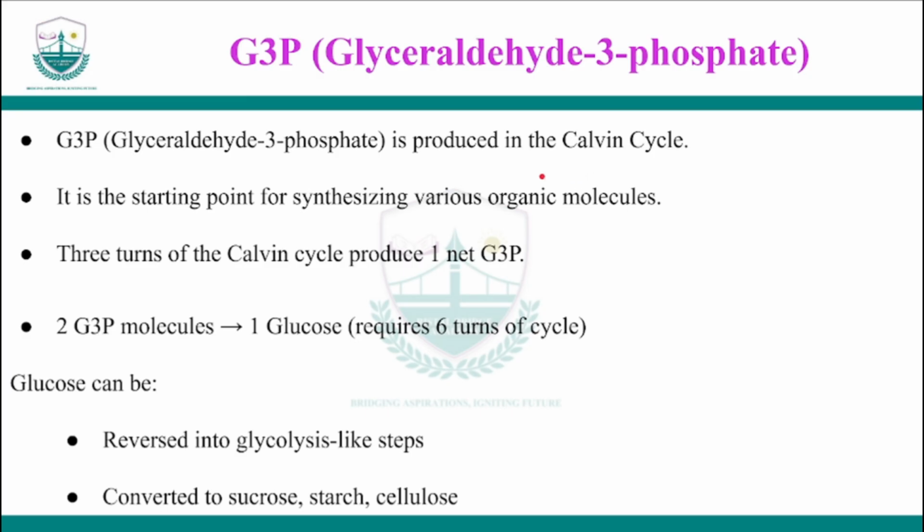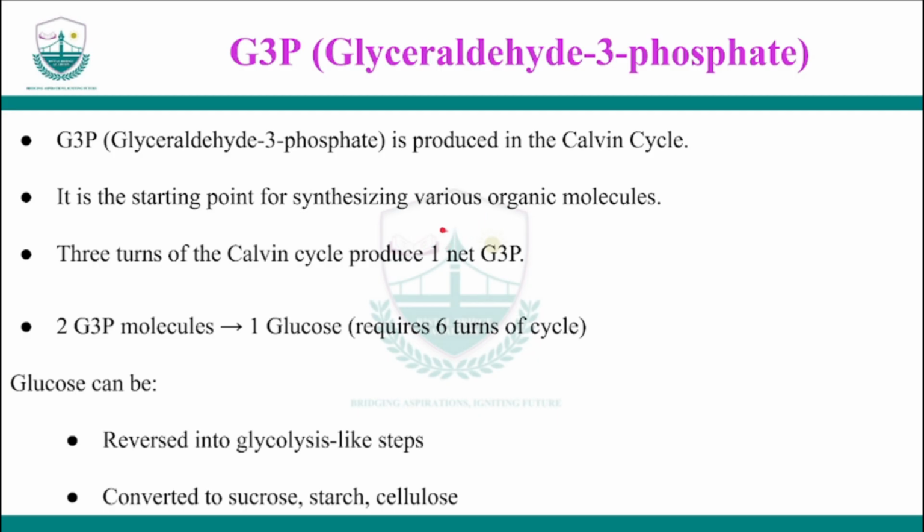So from PGA, we can get G3P, which is glyceraldehyde 3-phosphate, and it is the starting point for synthesizing the other organic products that I've just mentioned.